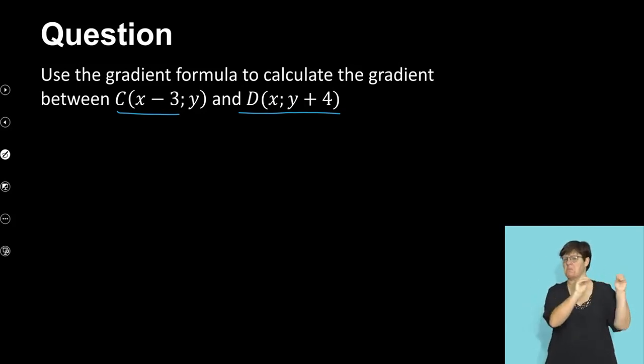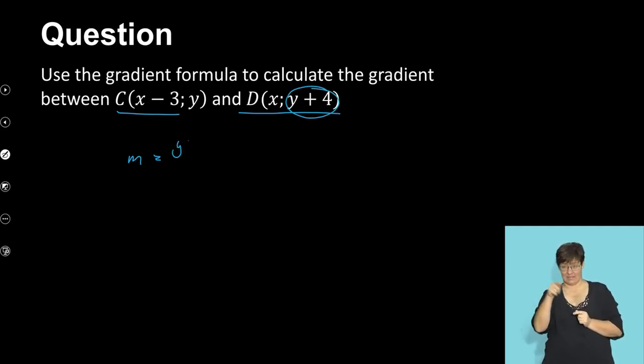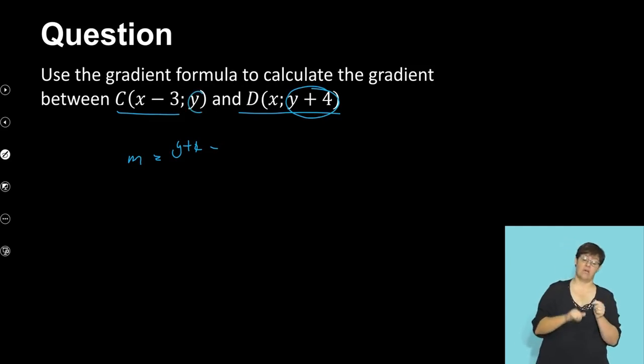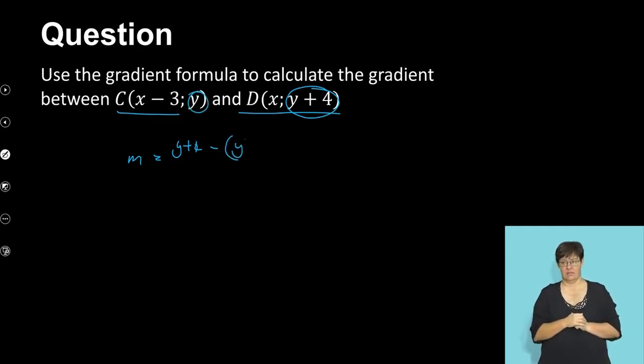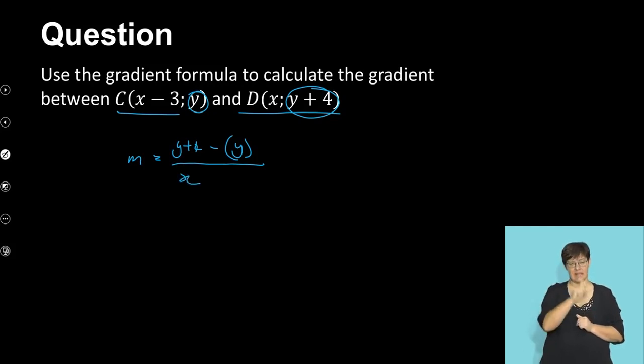So the formula was m for the gradient is going to be equal to the y value of the second one, which is y plus 4, and I'm going to subtract the y value of the first one, which is y. I'm going to divide that by the x value, and let me do this in red so that we can see what's happening here.